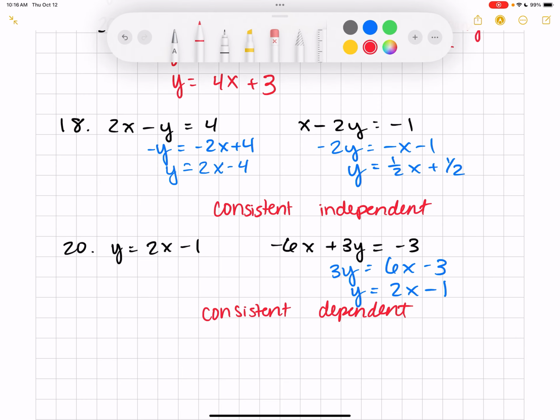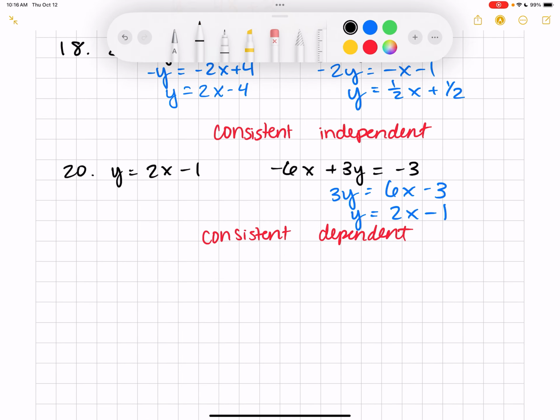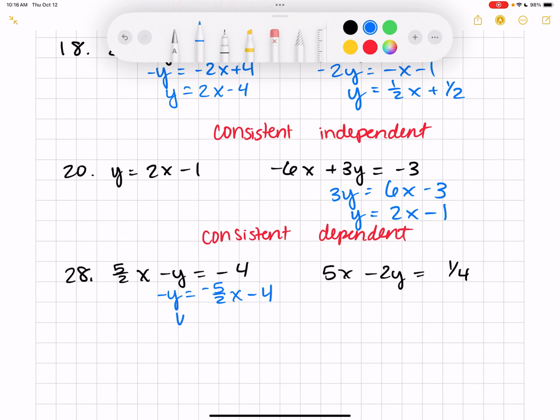All right, and one more, and then unless y'all need to see more, we'll be done. 28. 5/2 x minus y equals negative 4, and 5x minus 2y equals 1/4. So negative y is equal to negative 5/2 x minus 4. So y is equal to 5/2 x plus 4.